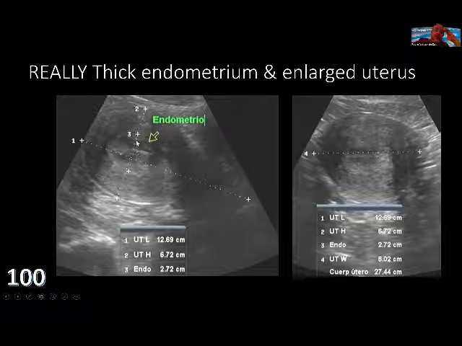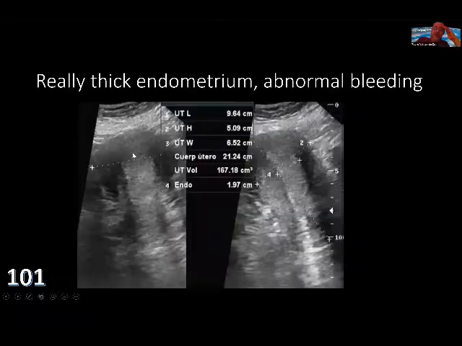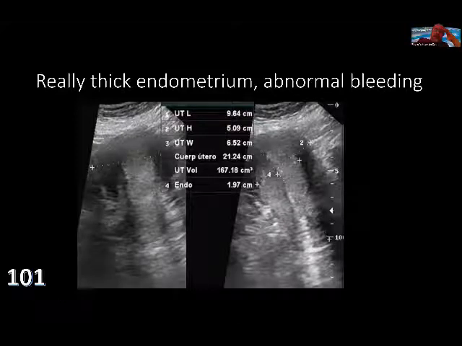The line and the enlargement or thickening of the endometrium. With abnormal bleeding, usually they have prolonged bleedings with clots and all kinds of stuff getting out.